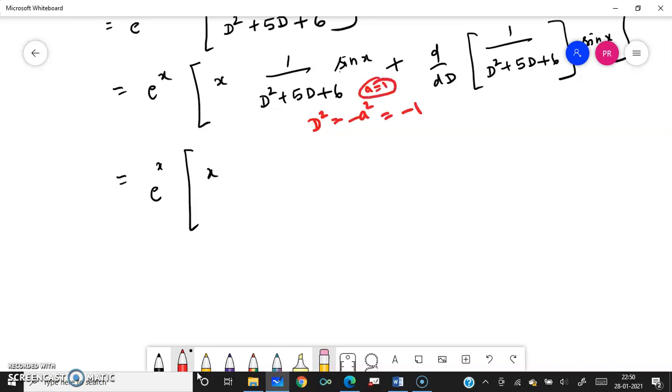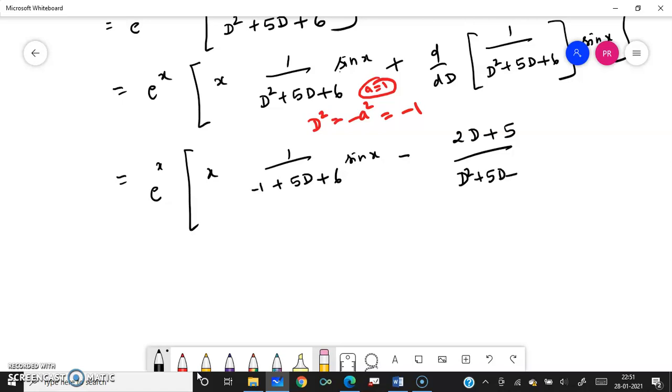So this will become 1 upon minus 1 plus 5d plus 6 into sin x, plus differentiation of the denominator, 2d plus 5, divided by d square plus 5d plus 6 the whole square into sin x.